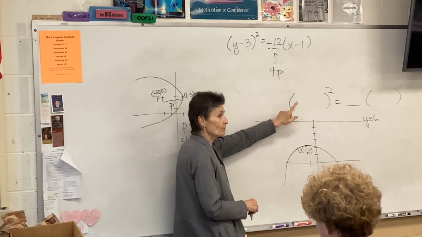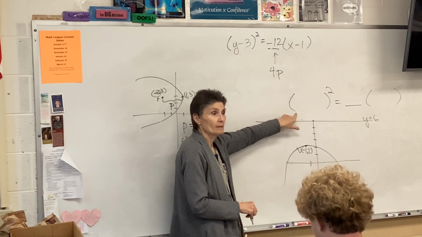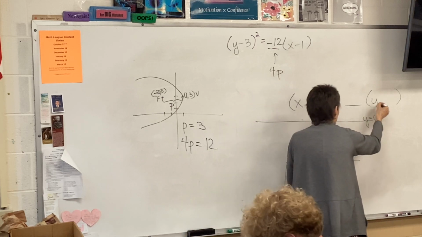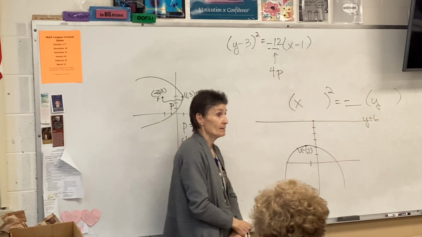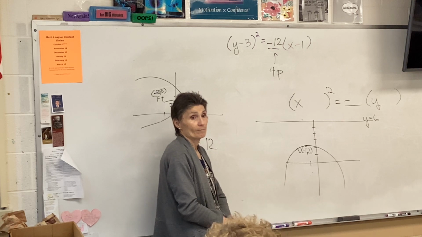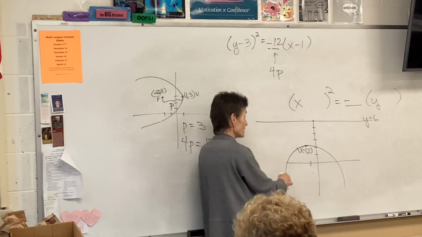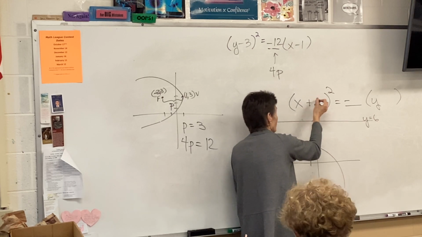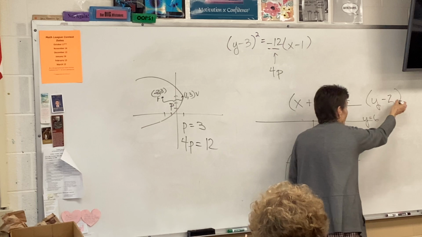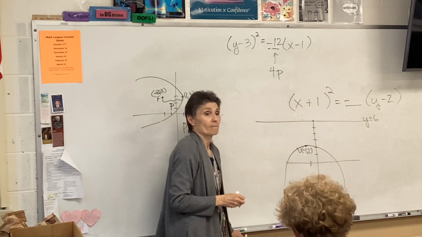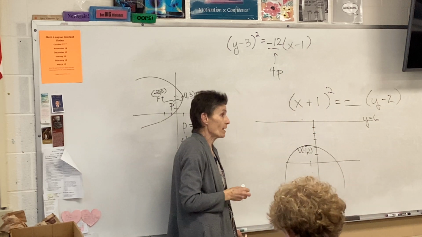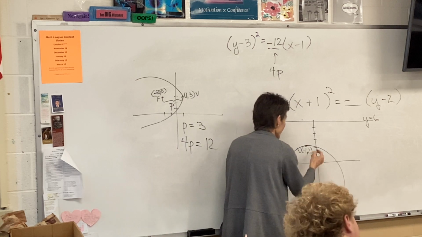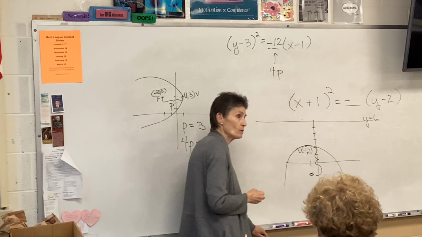If it opens down, tell me what you know about your equation. X is squared. And whatever this is will again be negative. Now we know our vertex is negative 1, 2. So this will be x plus 1 and y minus 2. The only thing left to figure out is p. Now, p is supposed to be this distance right here down to the focus.